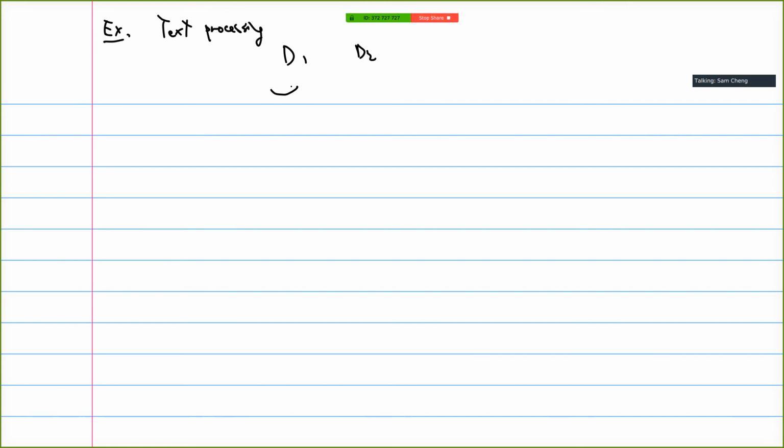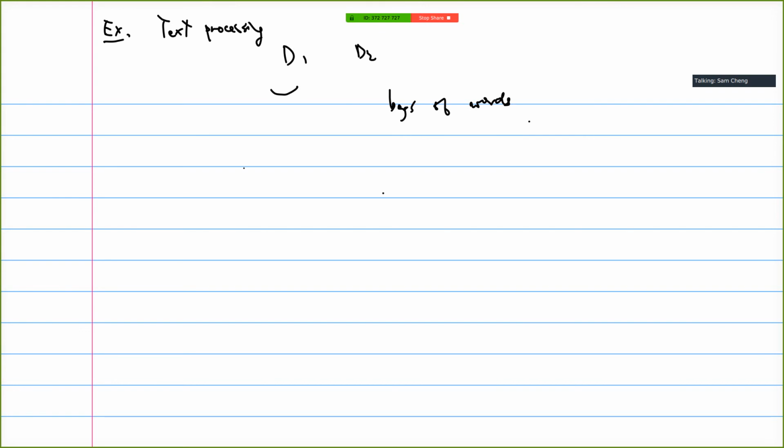So one representation people use is the so-called bag of words, which is hard for me to pronounce. Basically, a very simple idea.